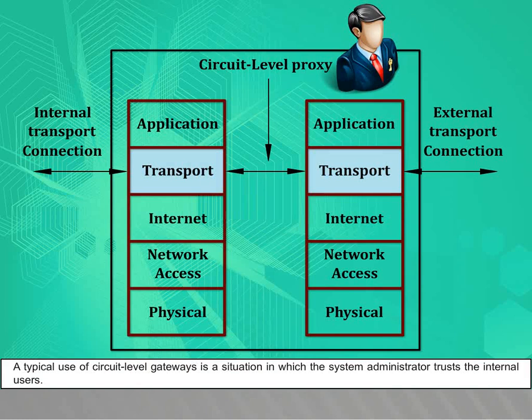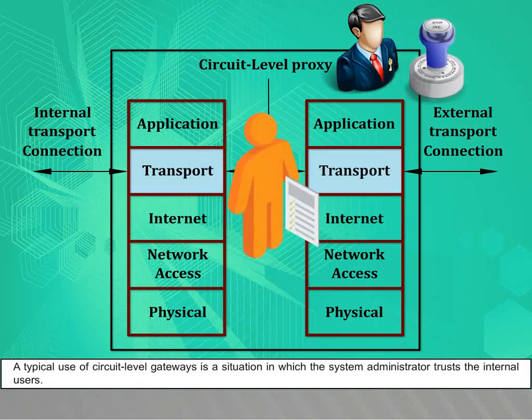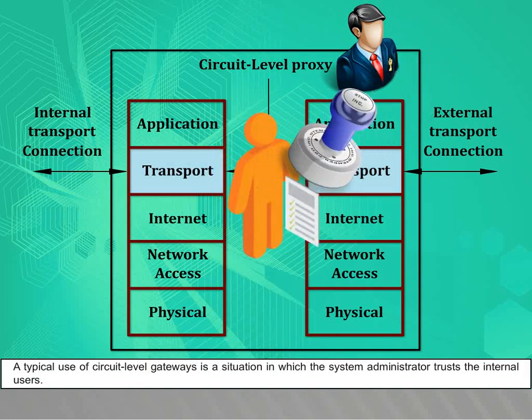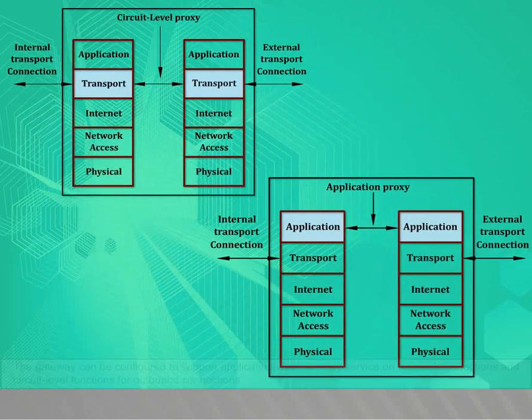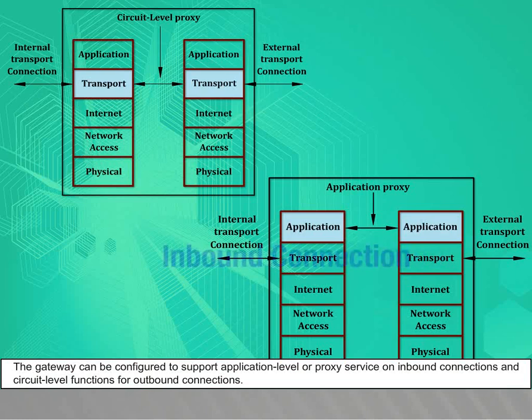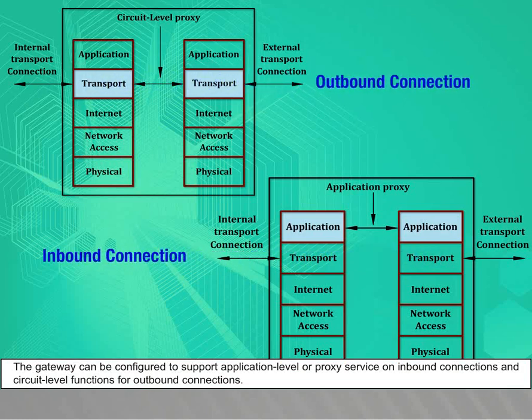A typical use of circuit-level gateways is a situation in which the system administrator trusts the internal users. The gateway can be configured to support application-level or proxy servers on inbound connections and circuit-level functions for outbound connections.